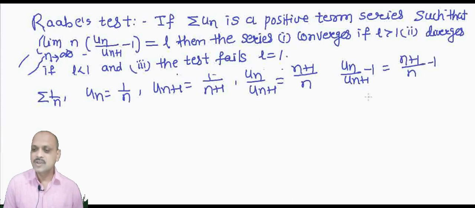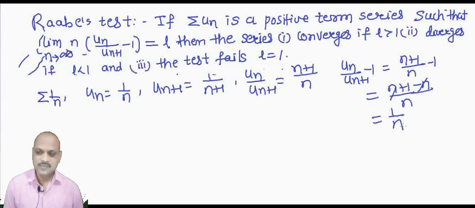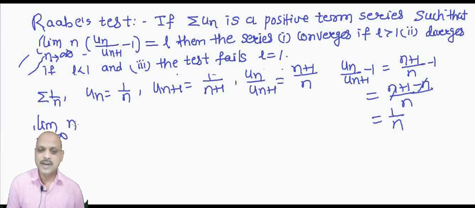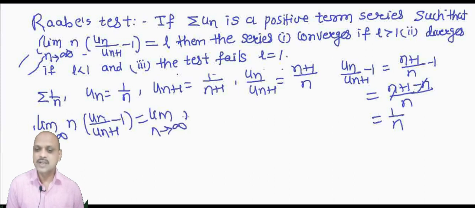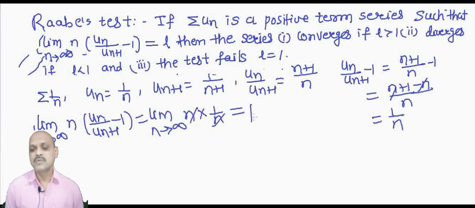This is equal to n plus 1 minus n divided by n, and we get 1 divided by n. Now here limit n tends to infinity, n into un divided by un plus 1 minus 1 equal to limit n tends to infinity, n into 1 by n. So n and 1 by n get cancelled, and we get 1. Limit of this equal to 1.